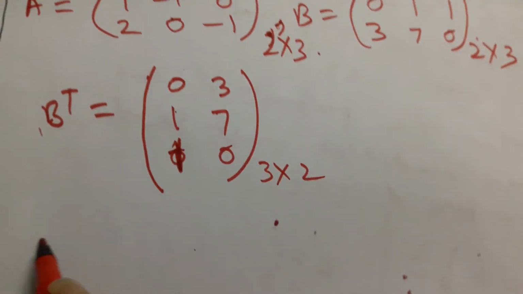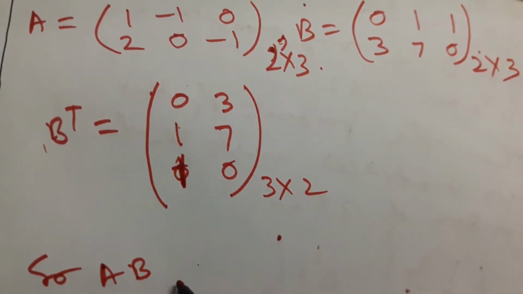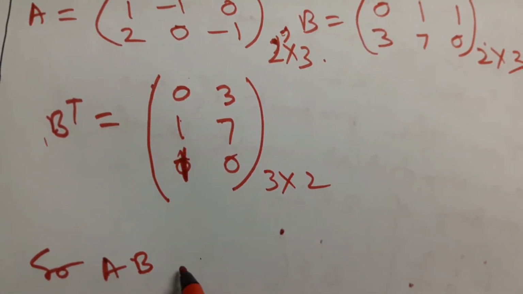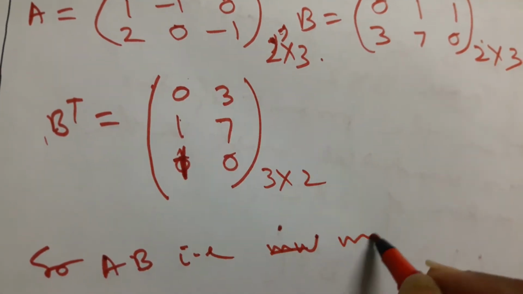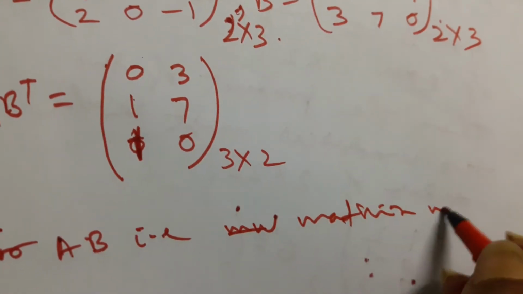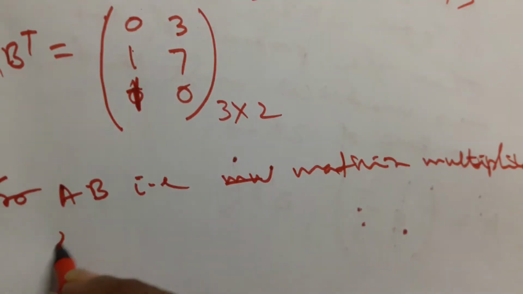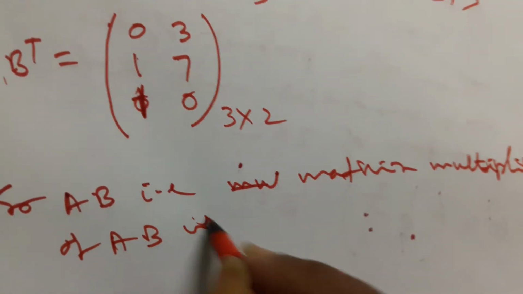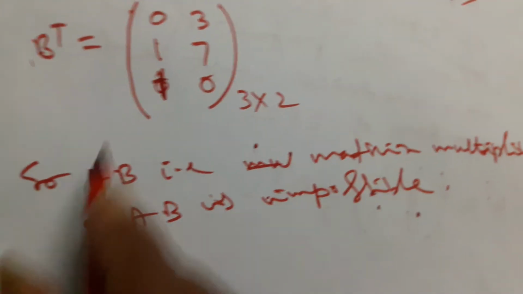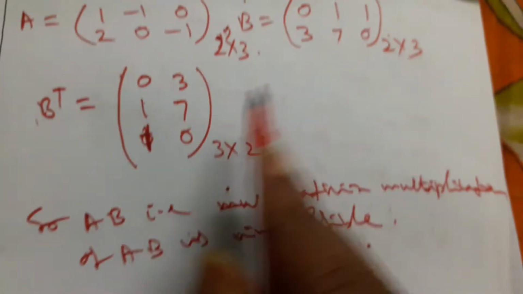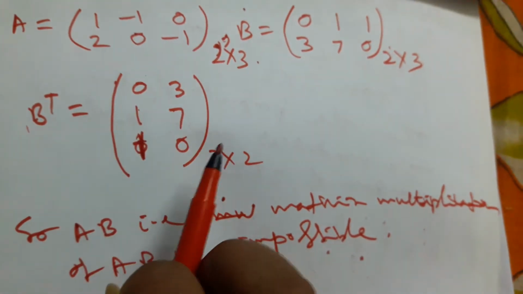So matrix multiplication of AB is impossible, but matrix multiplication of A times B transpose is possible.